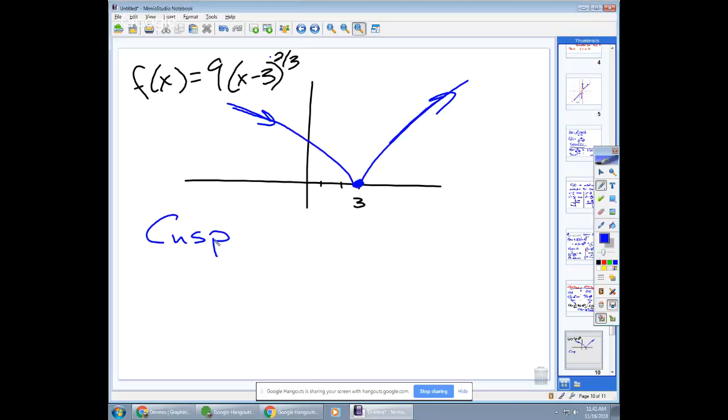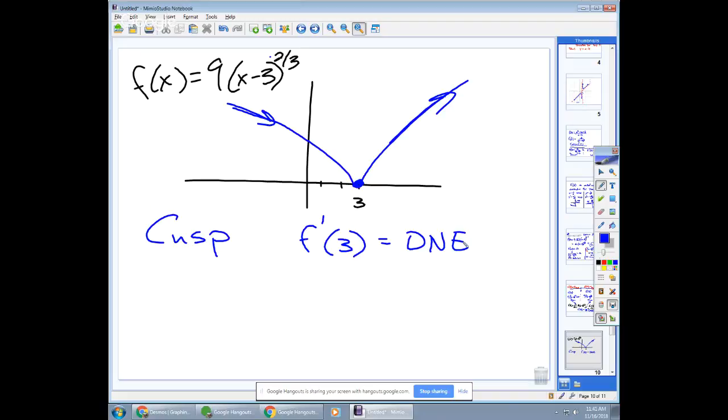So a cusp happens on a function for a couple of reasons. First, if the derivative at that value does not exist, that's one thing that might lead to a cusp, but not always.